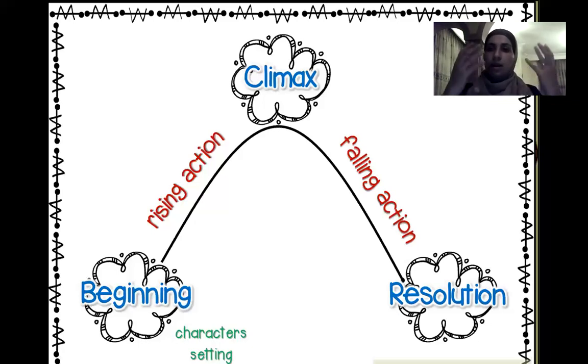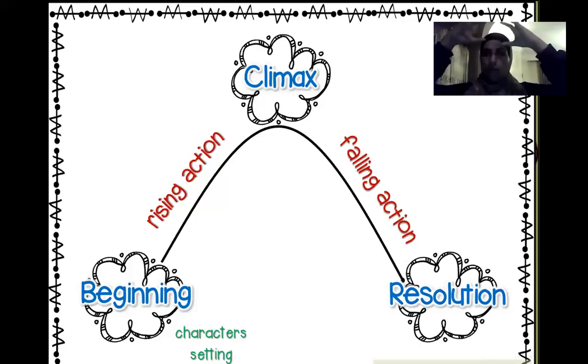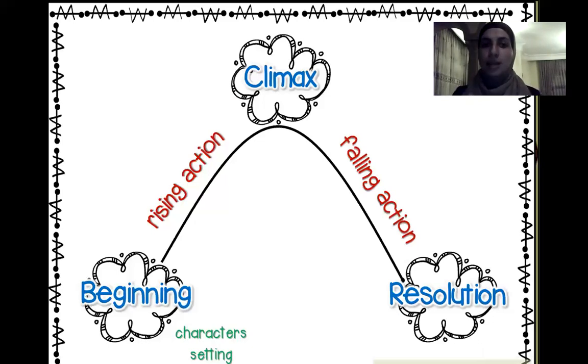Now, after starting the story, you have rising actions. Remember, the rising actions are the things that happen to cause the climax, the problem in the story. After the climax, the characters will try to solve the problem. And these trials or actions are called falling actions.